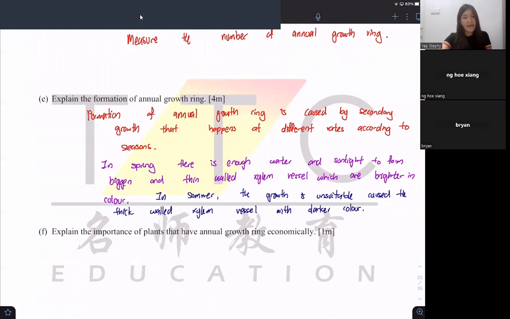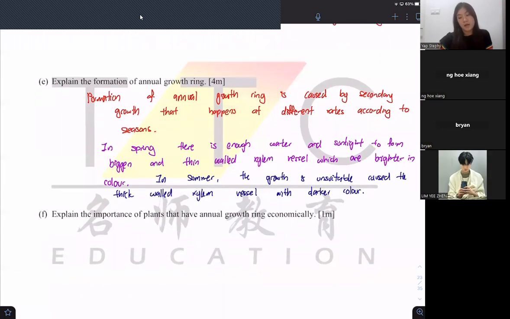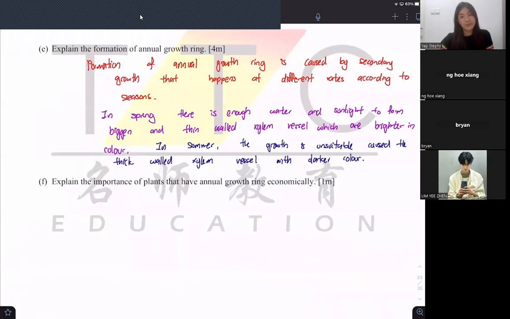Okay, yeah. Explain the importance of plant that have the annual growth ring economically. Yeah, so this one that's mean you can make the furniture look attractive. Okay, it's special that can make as a decorative item.